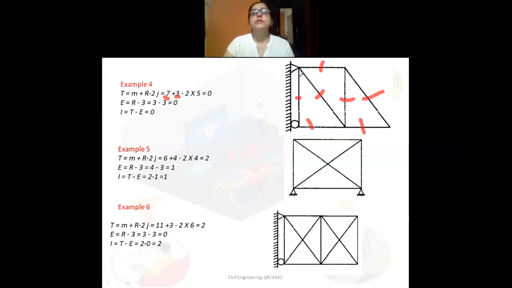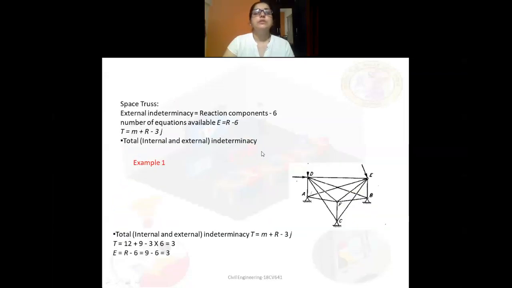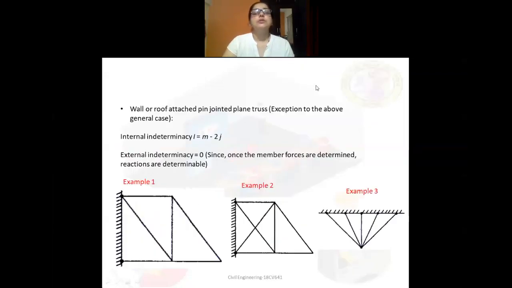Number of joints is 1, 2, 3, 4. Yeah, so we have 5 joints here.